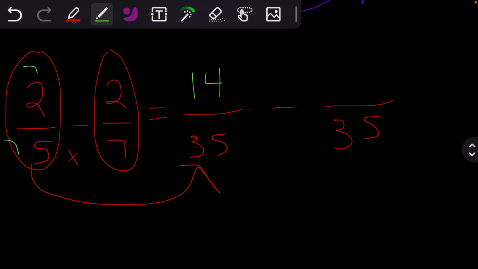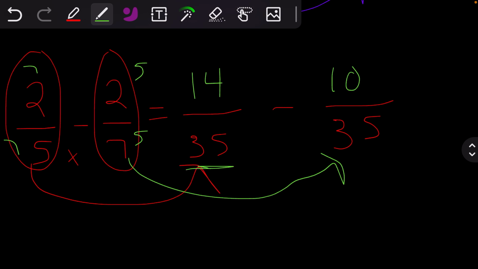Moving on to the second fraction, 2 over 7, we started with a denominator of 7, and we ended with a denominator of 35. So we scaled this denominator by 5. To maintain the integrity of the fraction, we have to scale the numerator by the same amount, to make sure we don't change the value of it. So 2 times 5 is going to give us 10.